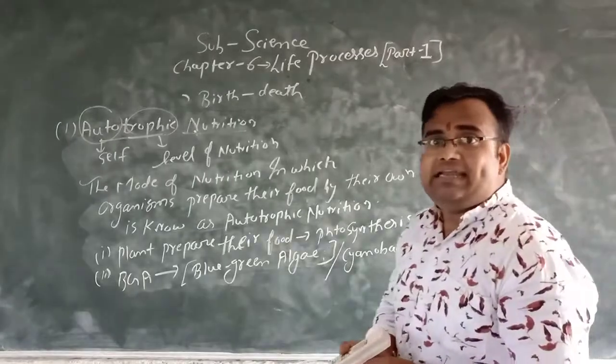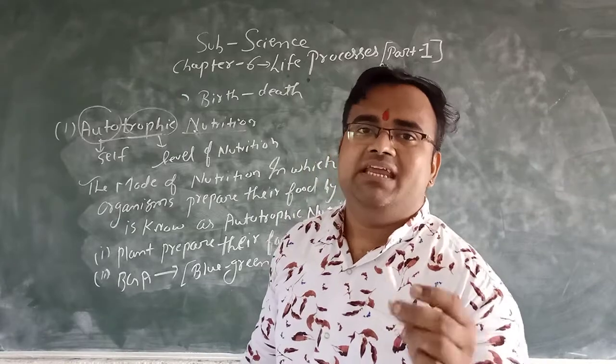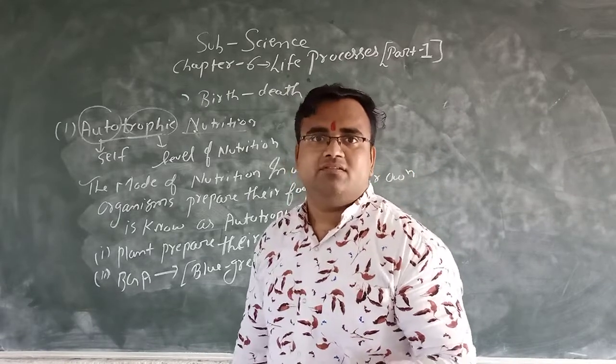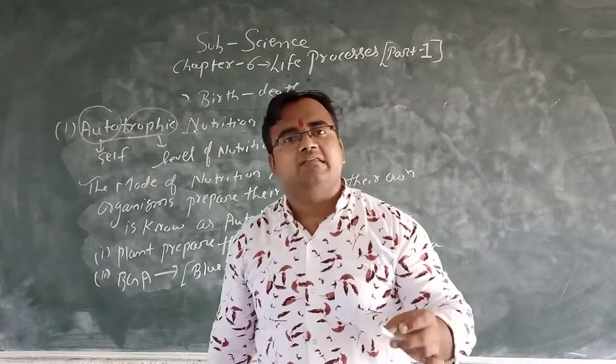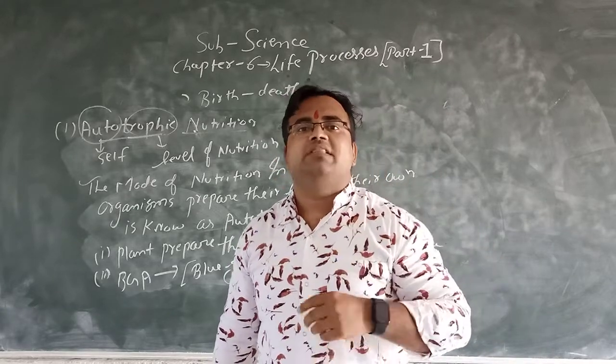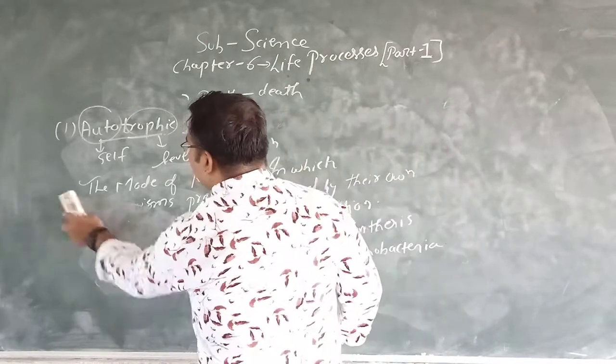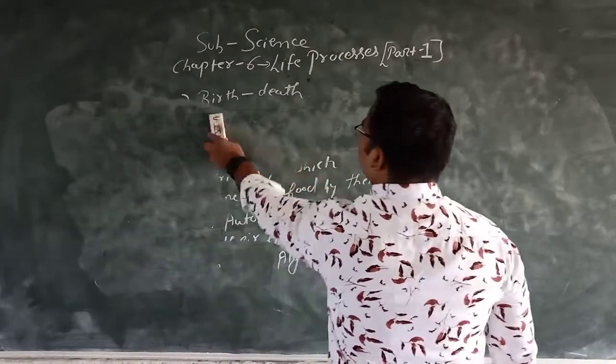Now we will understand in detail the meaning of photosynthesis, because the question can be asked in your board examination: explain photosynthesis in detail. There can be a 3 marks question or 2 marks question. Okay. Now let us understand the meaning of photosynthesis.